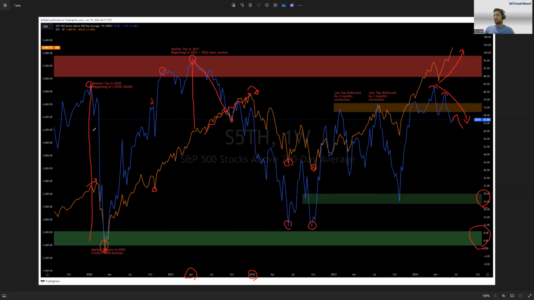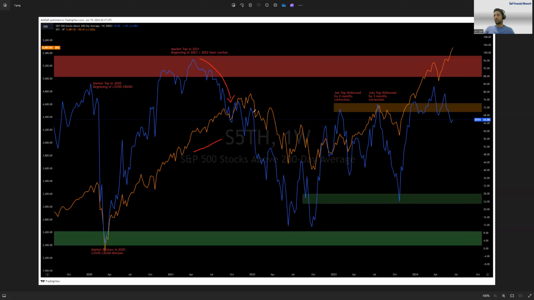Whenever we see this type of divergence in market breadth and the S&P 500, with the S&P 500 going higher, it's a scenario we are currently experiencing. Market breadth goes down while the S&P 500 goes up. This is a warning signal for everyone to keep an eye on.